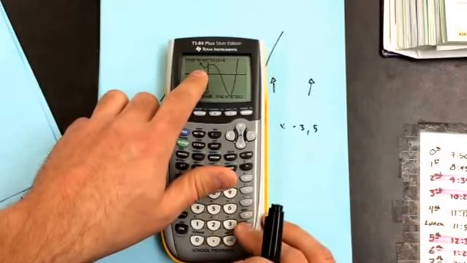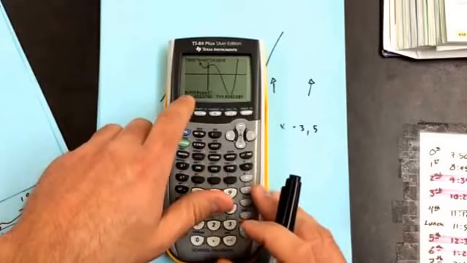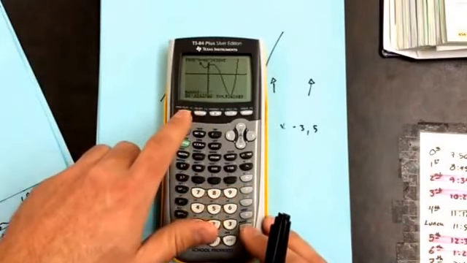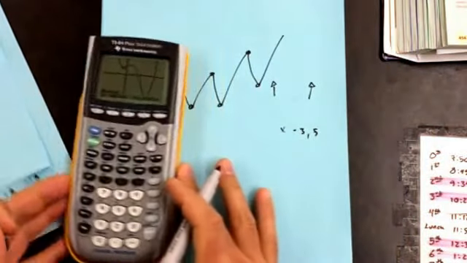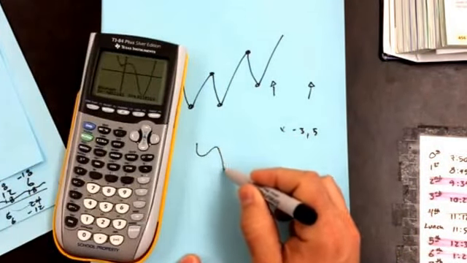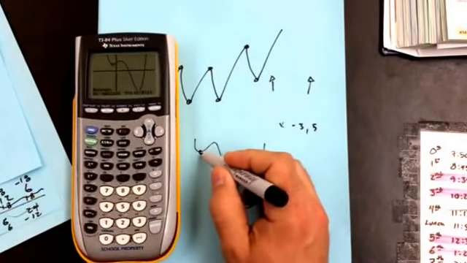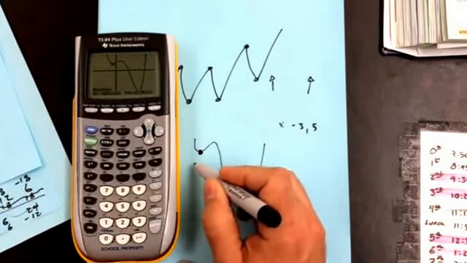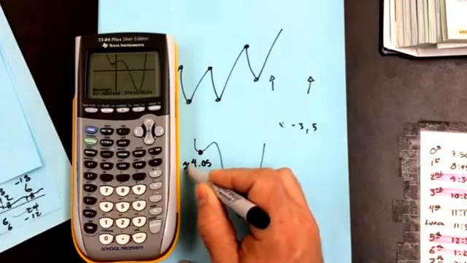So I'm going to go to the left of that and then move it to the right of that. So it tells you the left bound, and the right bound. And then it says guess, and you say yes. So if I draw a picture of this graph right here, this is the graph that I have. It's telling me that this value right here is a y value of 4.05 approximately.